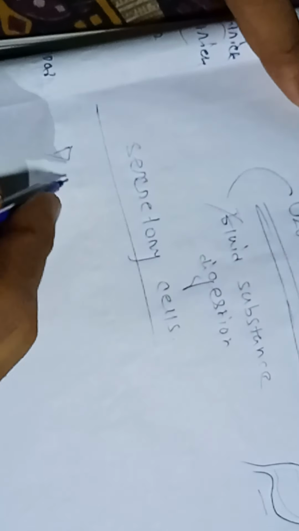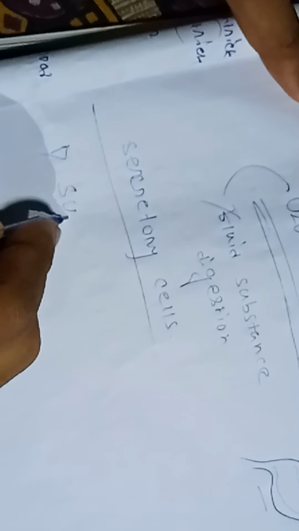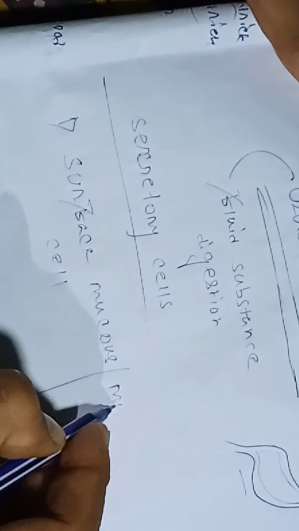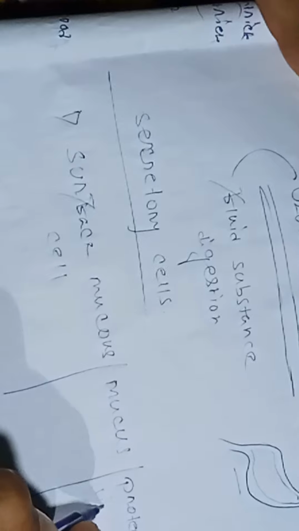First of all, the first cell is the surface mucus cell. This is the first cell in our GIT, or in the stomach. This will be producing mucus. As we all know, mucus will protect the inner lining of the stomach.